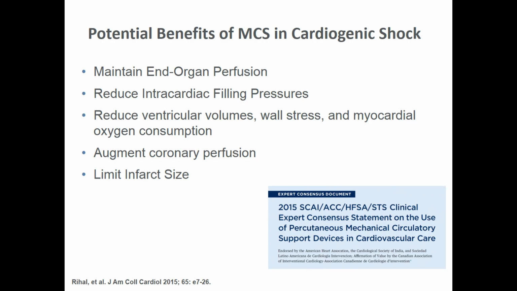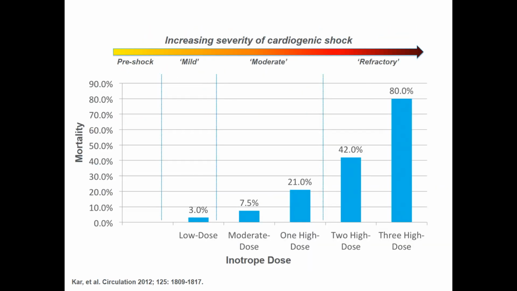The best review of this is really this 2015 expert consensus statement on the use of mechanical circulatory support devices in cardiovascular care that I've referenced on the slide. So when we think about refractory shock, one way to think about it is the amount of support that patients require to maintain a blood pressure. And the more support that's required, not surprisingly, the higher the rates of observed mortality are.